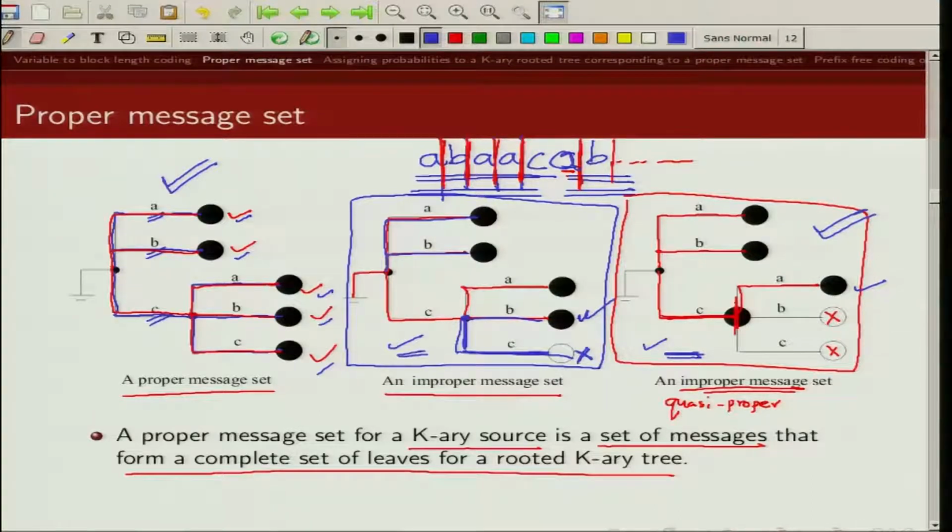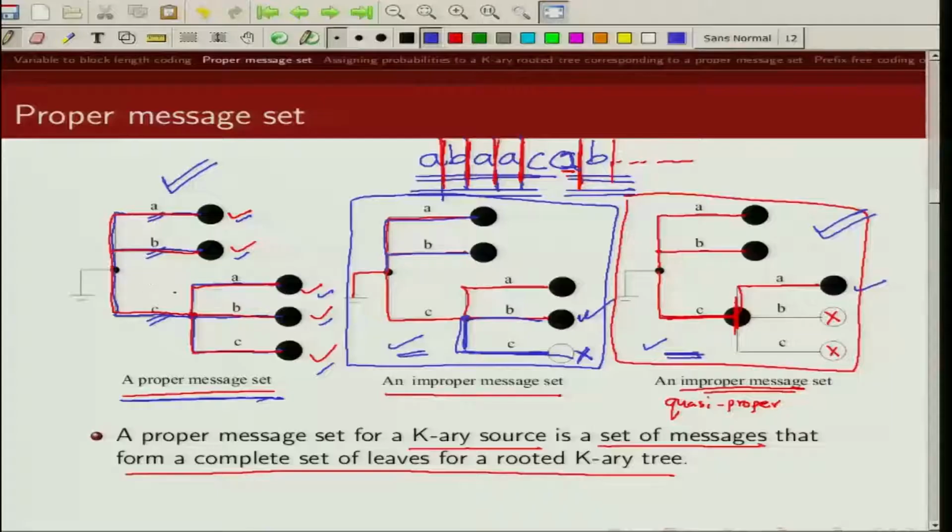In a proper message set, when bits are coming, I know exactly where the boundaries are. For example, when A is coming, I know that's my input block length boundary. If a B comes, I know that's the boundary. If a C comes, I look at the next bit and I know that's my input message boundary, CA, CB, CC.